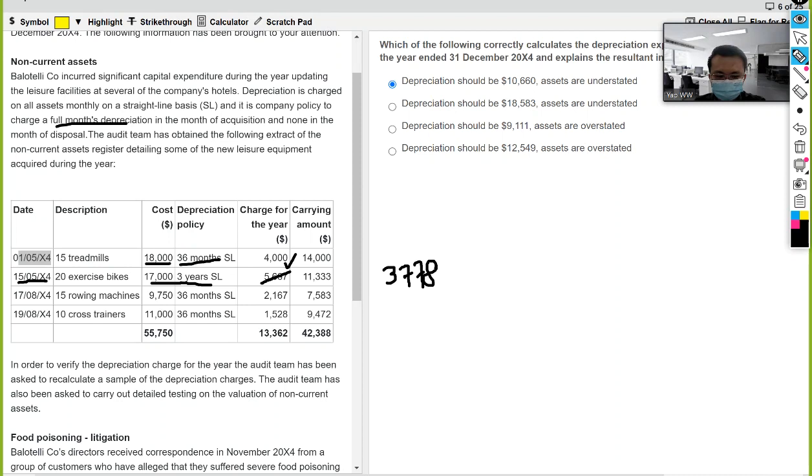The other two assets in August, so both are having 5 months, including August, 5 months. 9,750 times 5 over 36. 2,167 is not correct.